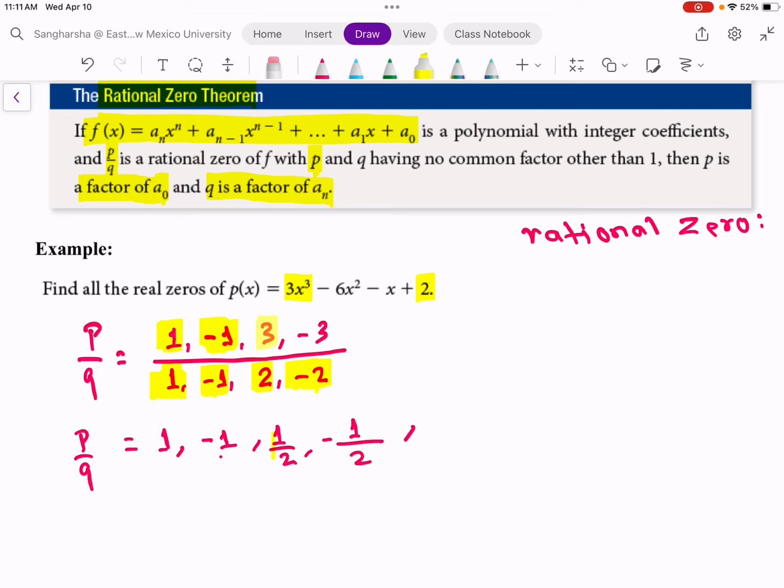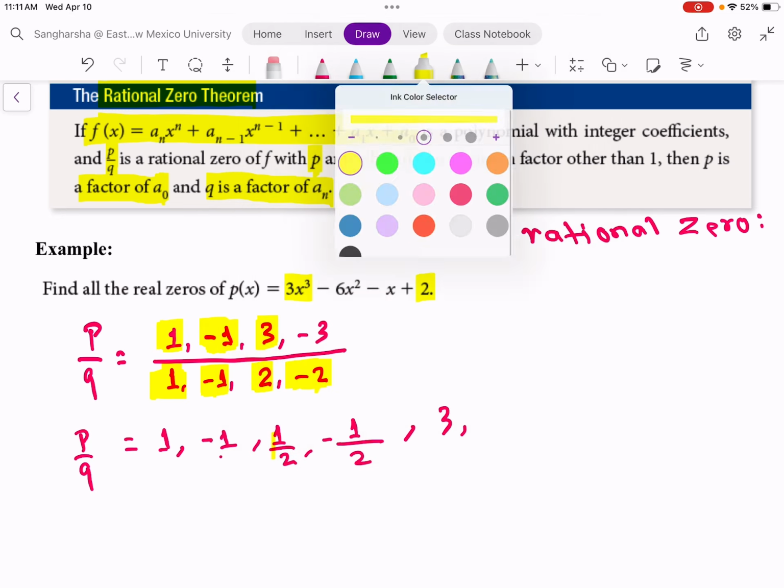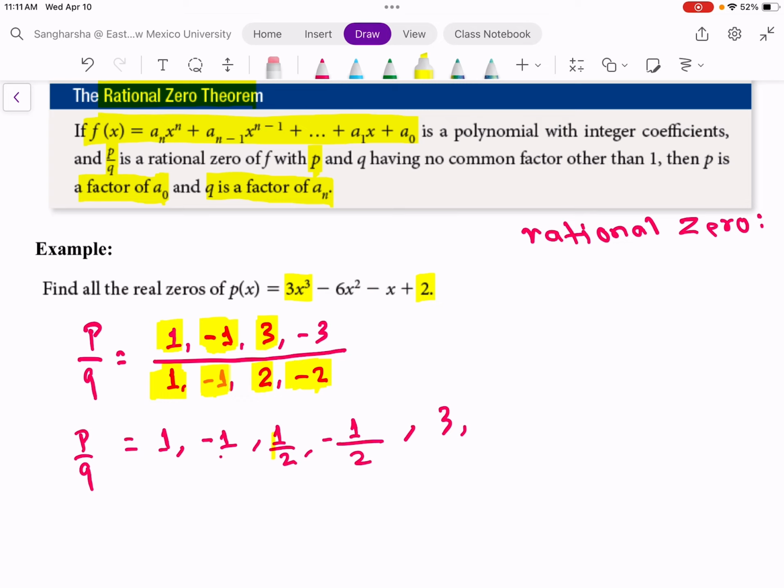Let's choose 3 for p and 1 for q. So 3 divided by 1 is 3. Let's choose 3 for p and negative 1 for q. 3 divided by negative 1 is negative 3. Now we are choosing positive 3 and positive 2, so we get positive 3 over 2.